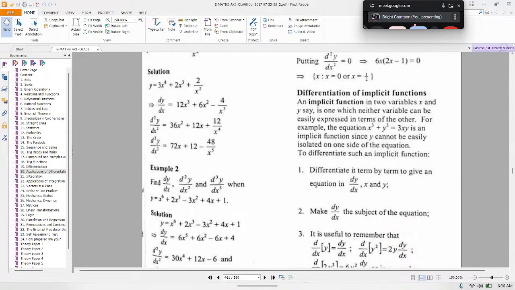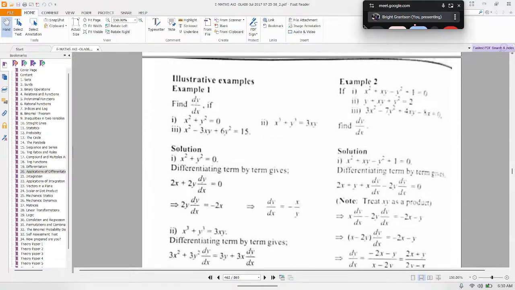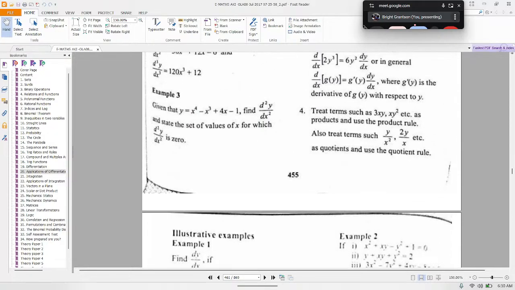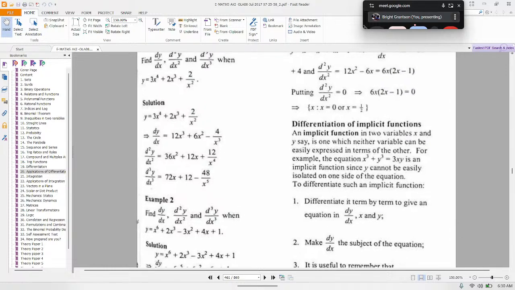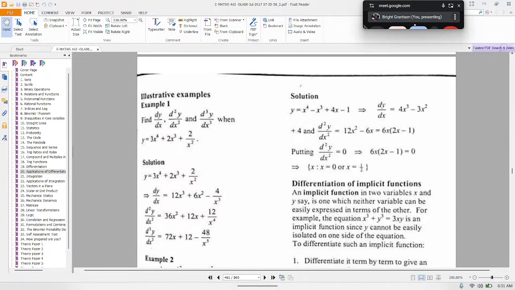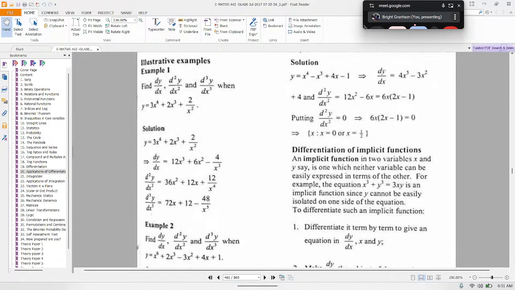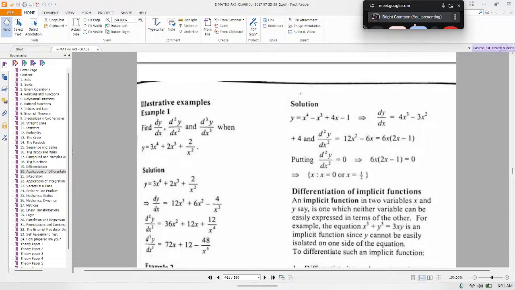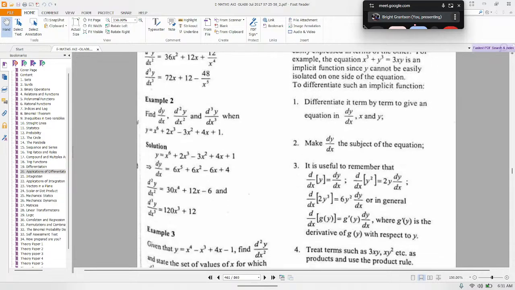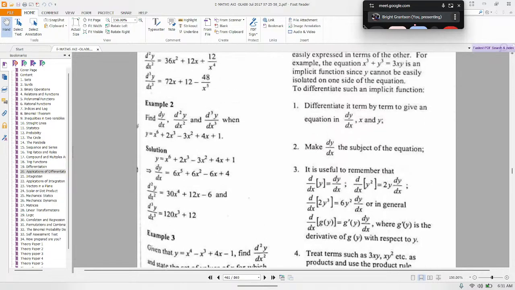Now there is some useful information here. We are doing higher derivatives. So now let's do implicit function.